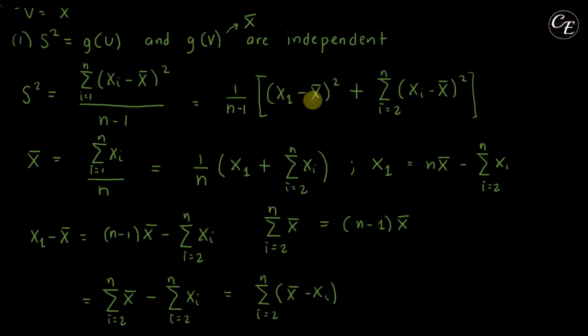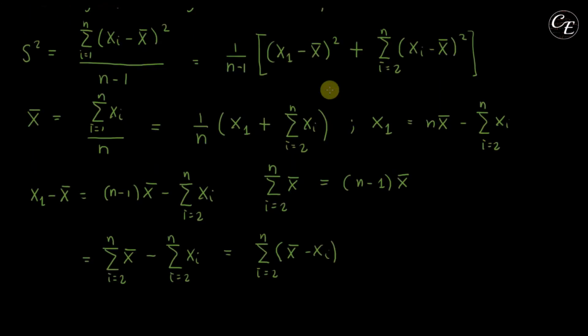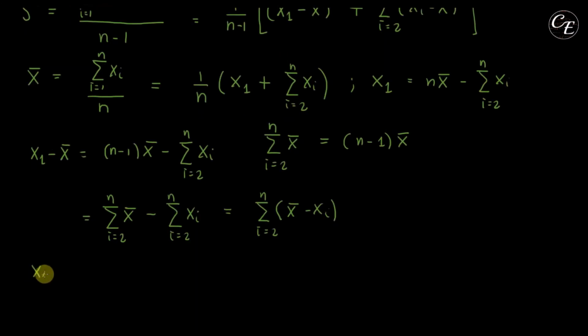Now what is x1 minus x bar squared? So x sub 1 minus x bar squared should be equal to the square of this term. But we know that negative y squared is equal to y squared.